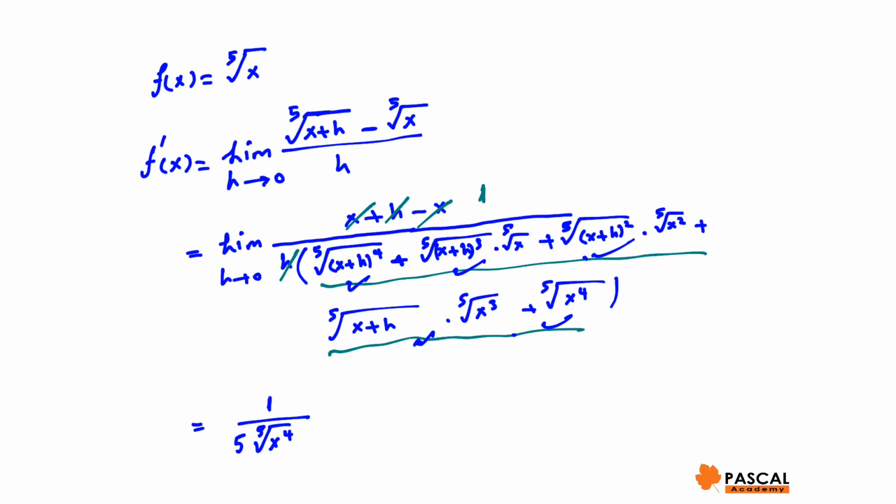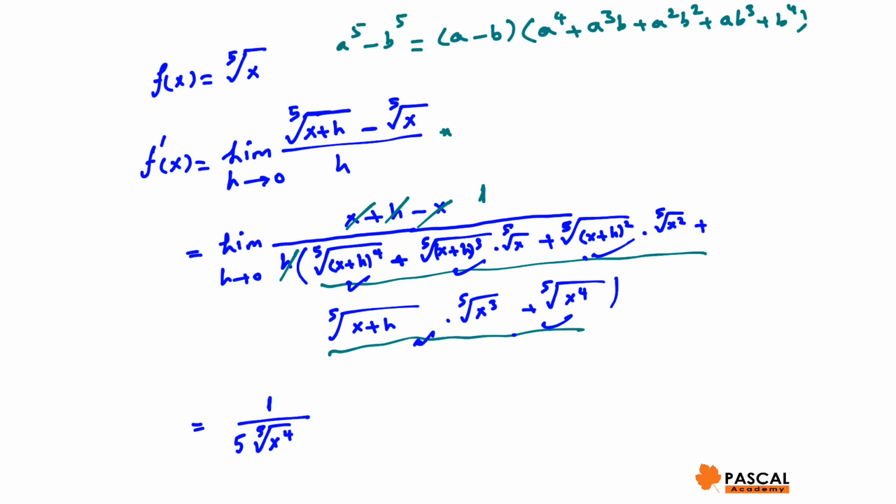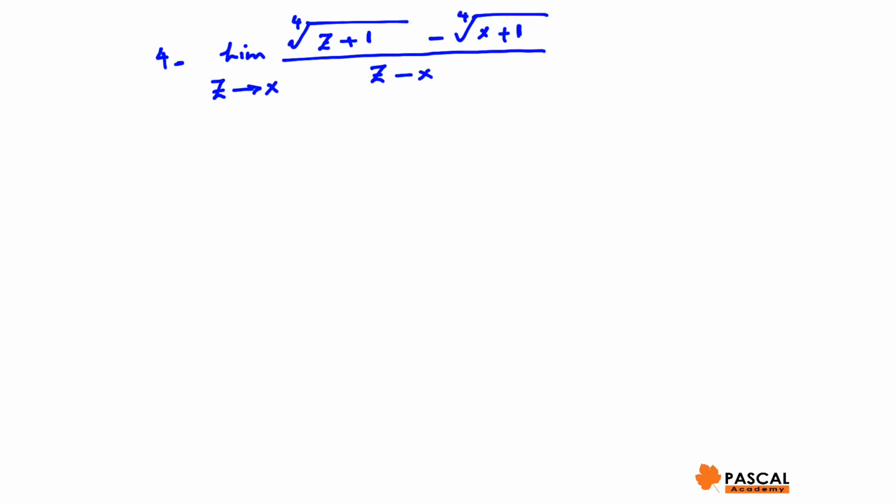To rationalize the numerator of the star, we used a to the 5 minus b to the 5 equals a minus b times a to the 4 plus a cubed b plus a squared b squared plus a b cubed plus b to the 4. The limit of fourth root of z plus 1 minus fourth root of x plus 1 divided by z minus x as z approaches x, let's call it L, represents the derivative of a function.